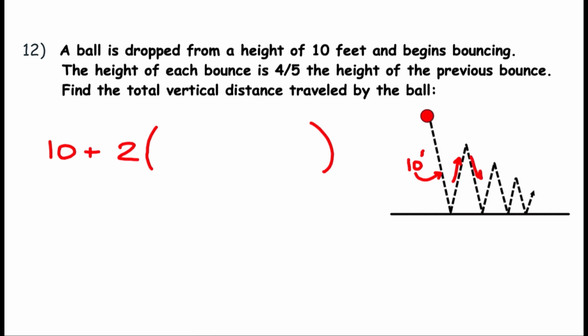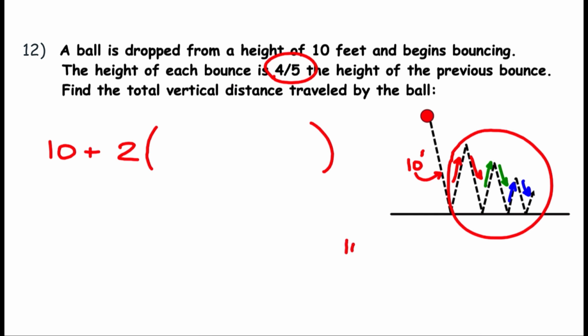Those two red pieces are going to be congruent. These two green ones, same thing, are going to be congruent. Same for the blue, and so forth and so on. And together, this part of it is geometric, and it's converging because r is 4/5, or 0.8.